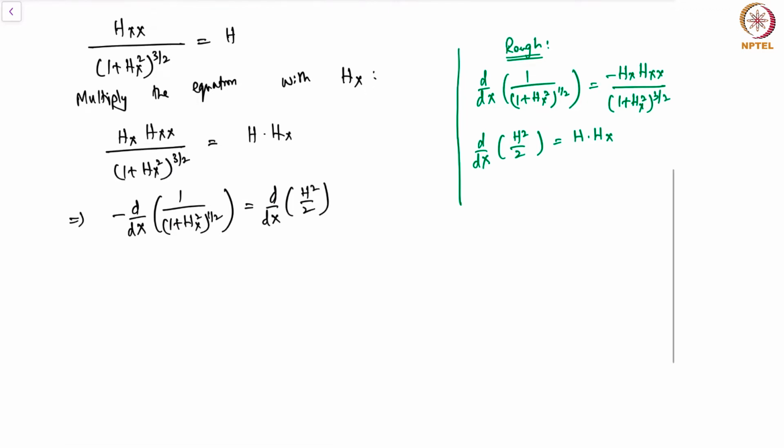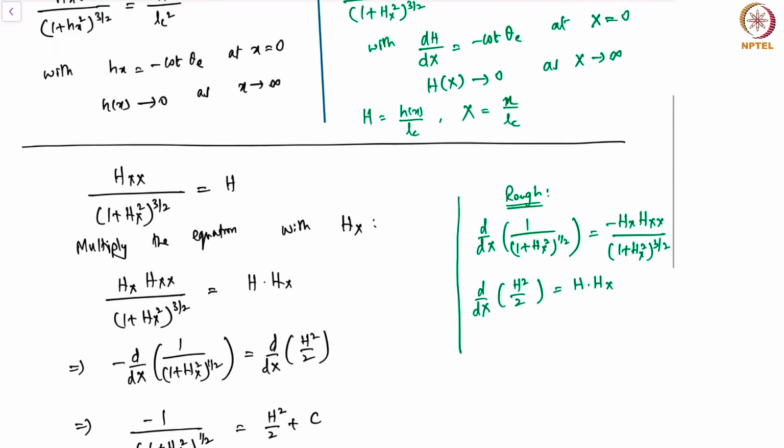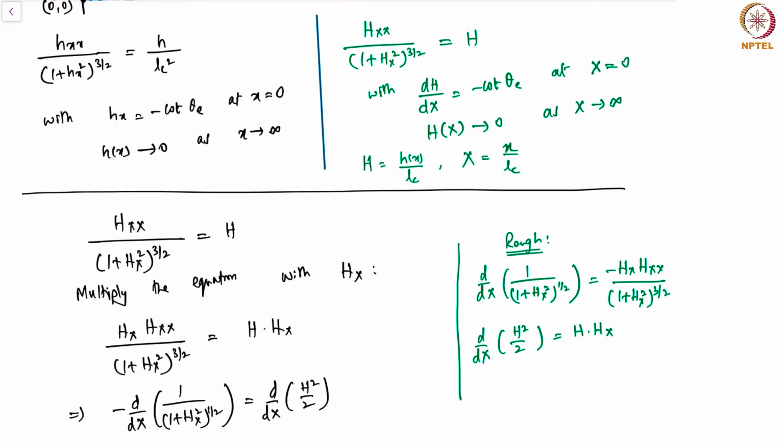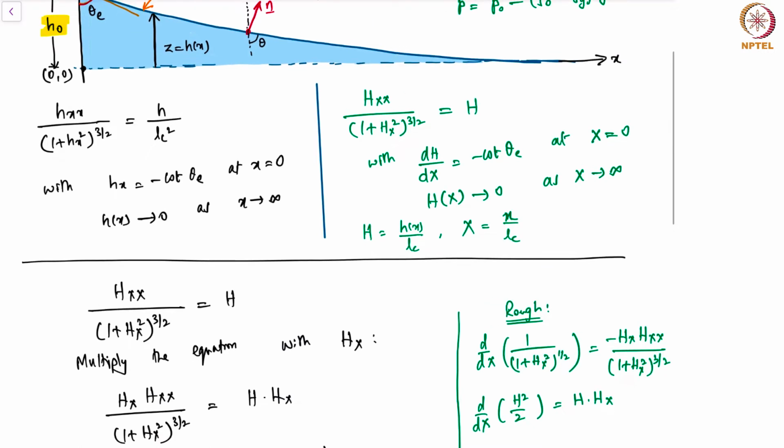So therefore this is d by d capital X of H square over 2. I can now integrate on both sides, and this gives me minus 1 by 1 plus hx square whole power half is equal to H square by 2 plus an integration constant c. Now let's look at the boundary conditions here. We said as x goes to infinity, H goes to 0.